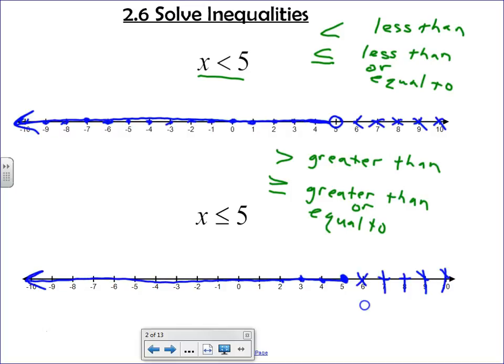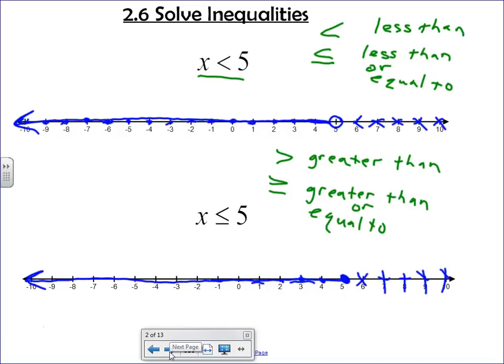So it's similar in that way. When we have less than or equal to or greater than or equal to, we signify where that point is with a dot, because that's the equal point. And then whichever way the solutions are, we draw a line on the number line showing all the solutions. If it's just less than or greater than, we use an empty circle to show that at that point it's not equal.